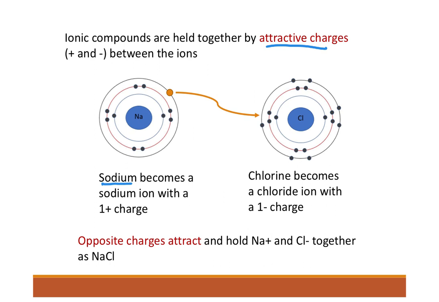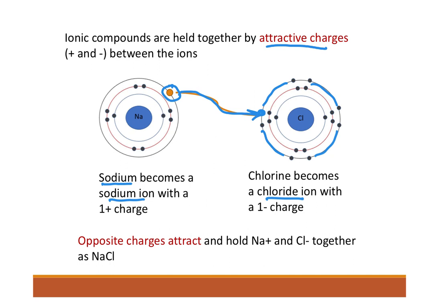Well, sodium is going to become a sodium ion when this 1 valence electron in its third energy level leaves and moves over to the chlorine atom, which becomes a chloride ion when it accepts this new electron. So it then has 8 valence electrons in its highest energy level, also a third energy level.